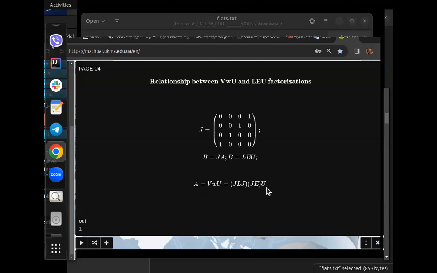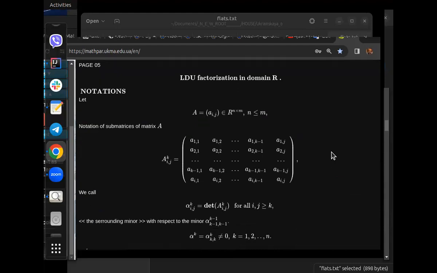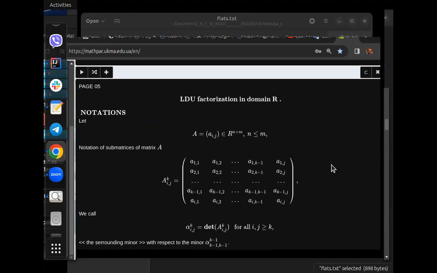It is very easy, if you have the LEU decomposition, to obtain the Bruhat decomposition and back. This is the first algorithm that can be used for the case of the domain.